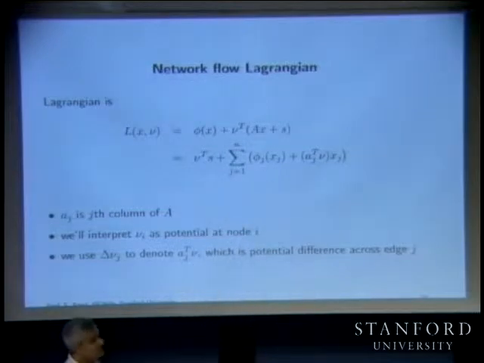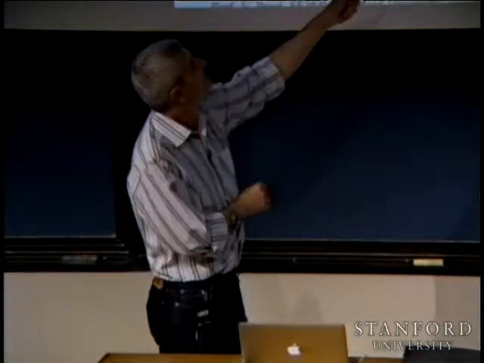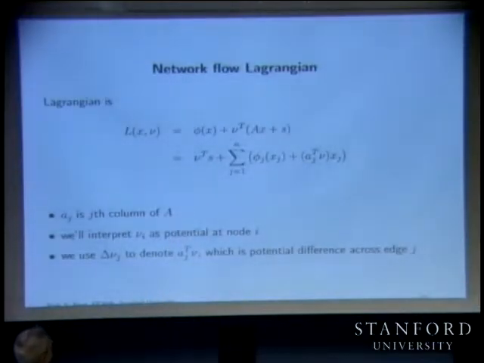This Ax plus s is very simple. It's the vector of KCL violations. It's how much you are violating conservation of flow at that node. Okay, so this is associated with nodes, and we'll see that they're potentials. We'll see that very quickly.